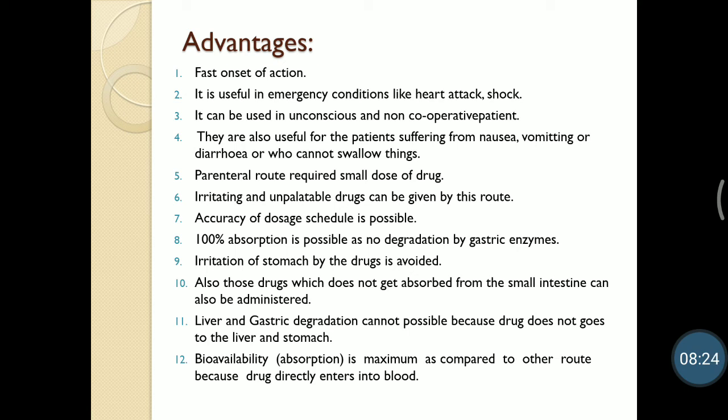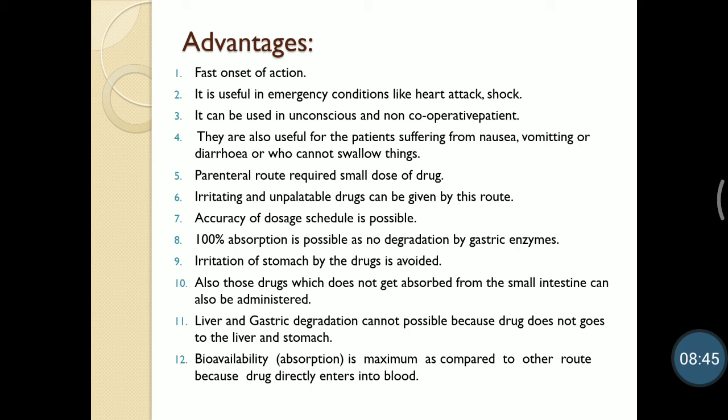The parenteral route requires a very small dose. We can give irritating and unpalatable drugs by this route. Accuracy of dosage is possible as the drug will not get degraded by gastric enzymes and first pass metabolism.